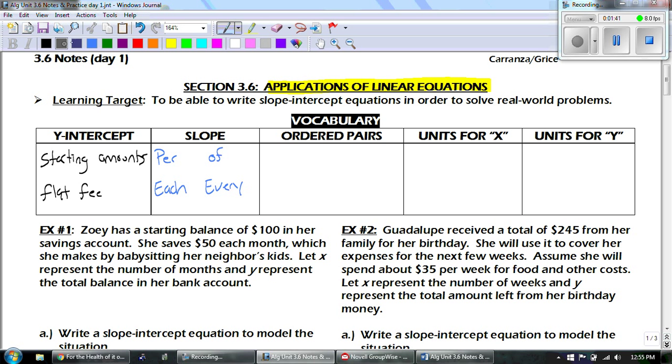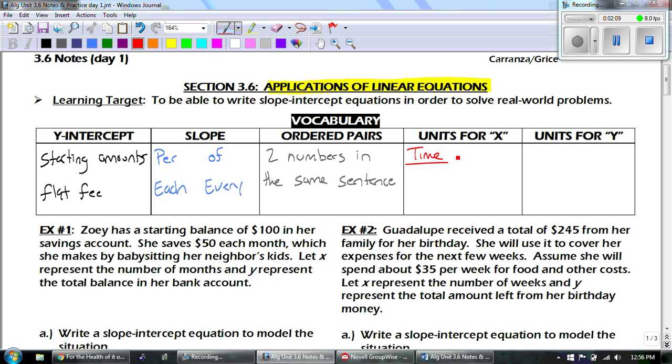Now, when you see an ordered pair, ordered pairs are two numbers in the same sentence. Units for x. The main unit for x that we're going to be talking about is time.